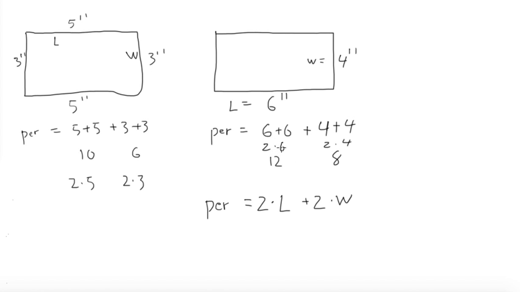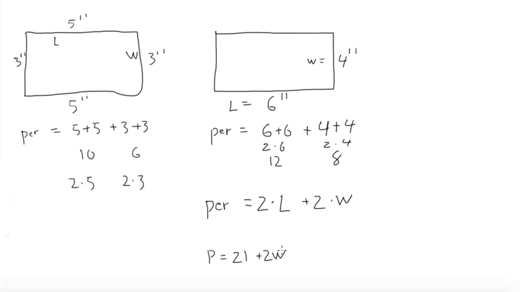And that holds true for this one over here. 2 times its length plus 2 times its width. Okay? And then instead of writing out perimeter, we could just do P. So P equals 2 times length plus 2 times width. Okay?